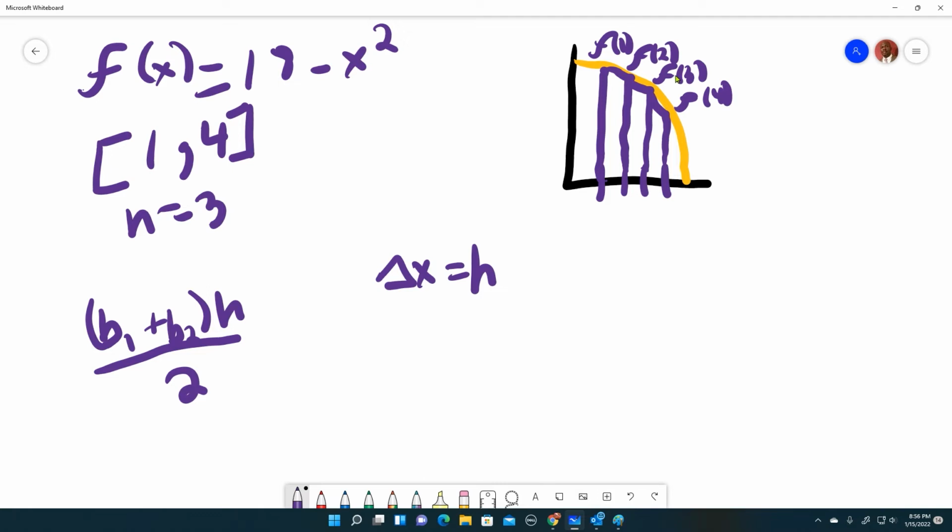Since the height is common to all these, I can just put it in front of the function, similar to how I did for a Riemann sum. So what the area looks like, I'm going to put the height in front. I know it's 1, it doesn't change anything mathematically, but it's 1 because I'm doing a real simple example. Of course, delta x won't always be 1.